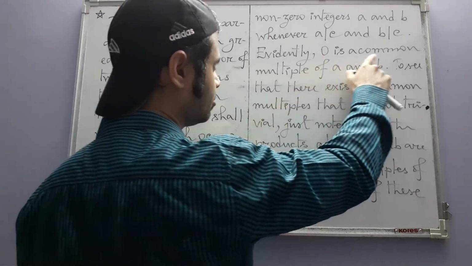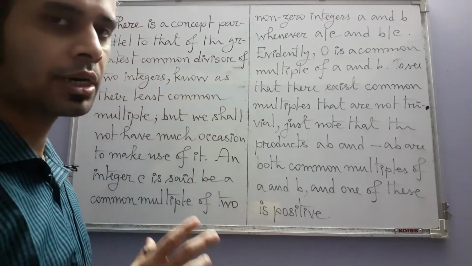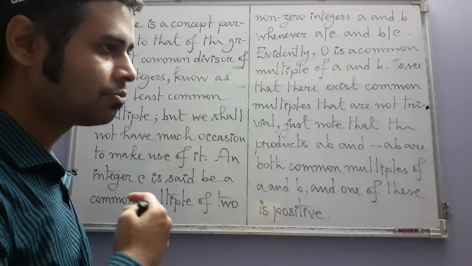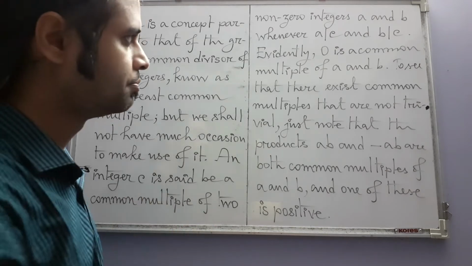Evidently, 0 is always a common multiple of A and B, regardless of what the non-zero integers A and B are, because A and B always divide 0. Any non-zero integer divides 0.